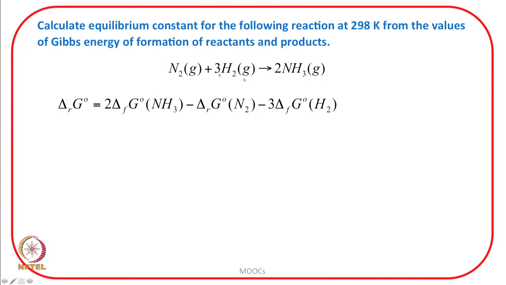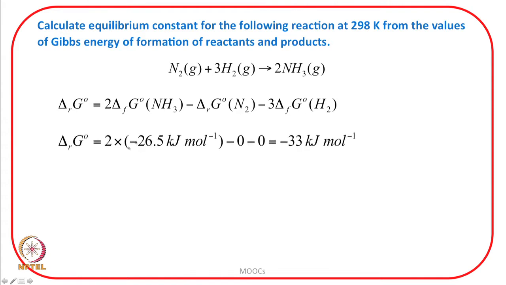For this reaction, the standard reaction Gibbs energy will be equal to twice the standard Gibbs free energy of formation of ammonia minus that of nitrogen minus 3 times that of hydrogen. And we know for nitrogen and hydrogen, which are elements, the Gibbs energies of formation are 0, and therefore, we can get the value of delta R G naught from the value of Gibbs energy of formation of ammonia. So, delta G naught is minus 33 kilojoules per mole.